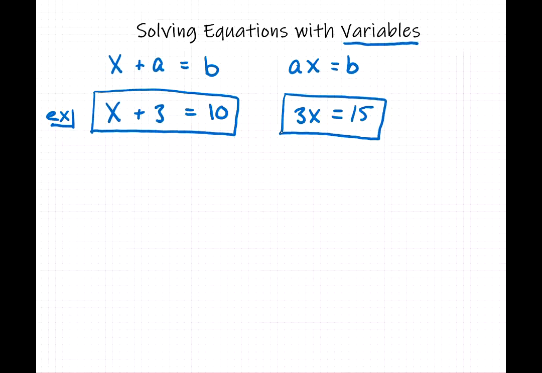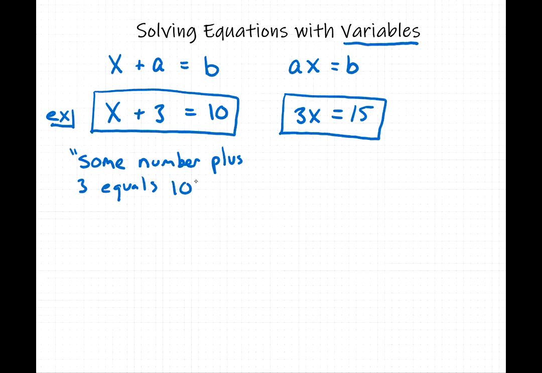So this variable x is representing some unknown number. So what this first equation is saying is some number plus 3 equals 10. So some unknown number, if you add 3 to it, you get 10.